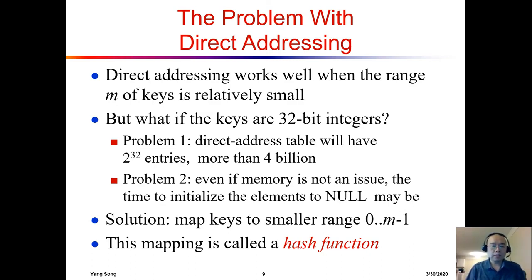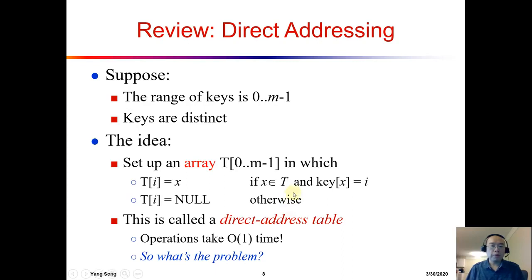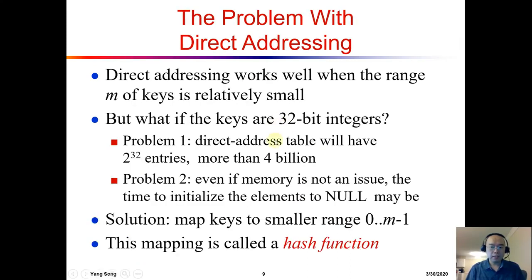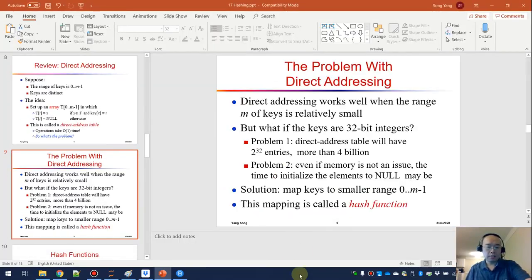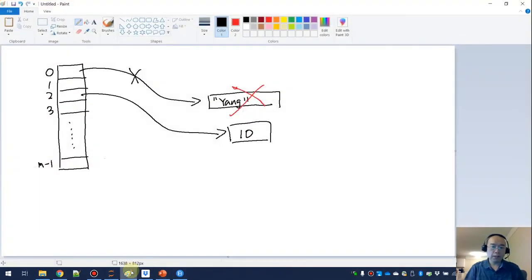Remember, we are creating a total of m slots. In this case, m is 4 billion. What does that mean? This means we have to create 4 billion slots. So if we come back to this table here, we are not talking about 1,000 slots, we are not talking about 5,000 slots, we are talking about 4 billion slots.